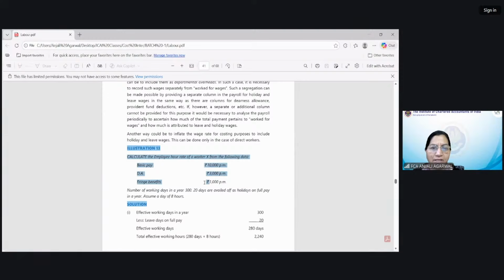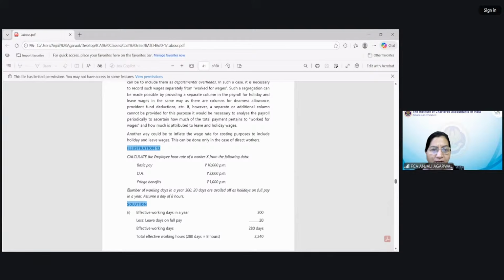So here we have to calculate the effective hourly rate of the worker from this data. Basic pay is 10,000, DA is 3,000, fringe benefit is 1,000 per month. Number of working days in a year is 300. 20 days are holidays on full pay in a year, and assume 8 hours.